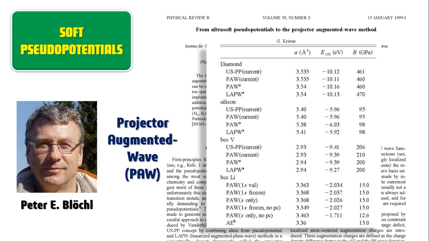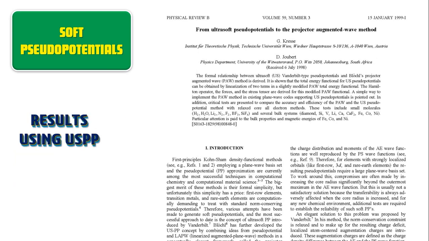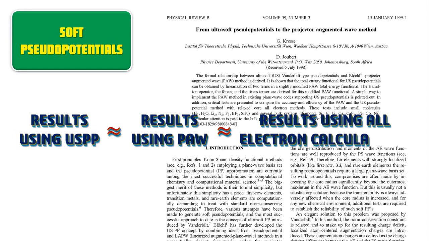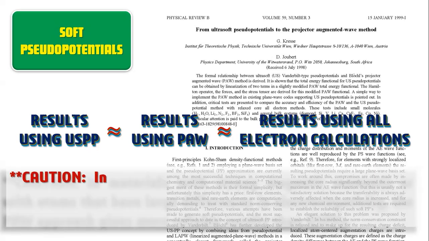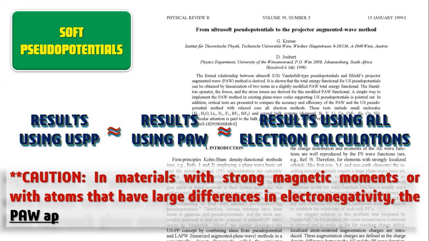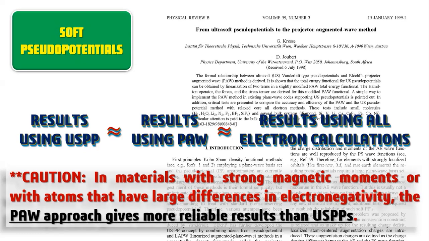Their work shows that the well constructed ultrasoft pseudopotentials and the projector augmented wave method give results that are essentially identical in many cases. And as importantly, these results are in really good agreement with all electron calculations. Though, in materials with strong magnetic moments or with atoms that have large differences in electronegativity, the PAW approach gives more reliable results than ultrasoft pseudopotentials.